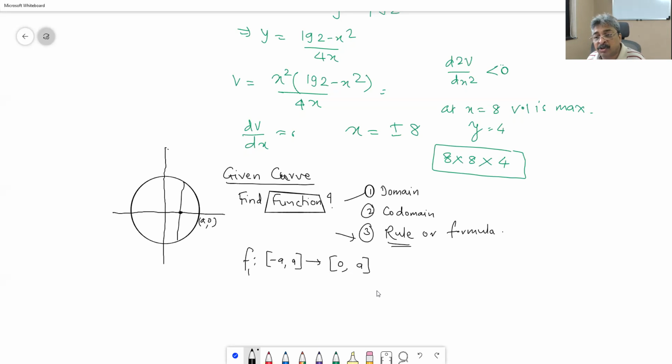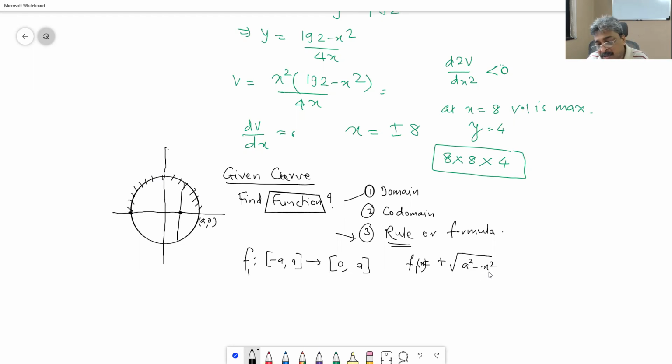At least it should be equal to the range. That is the condition of codomain. And then f1 of x is equal to plus radical a square minus x square. This will give you this part of the curve.